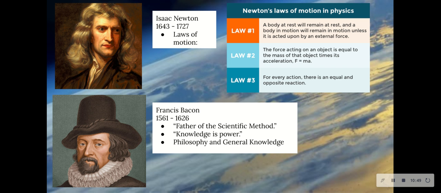Isaac Newton is from 1643 to 1727, and he developed 3 laws of motion in physics. Law 1: a body at rest, or an object at rest, will remain at rest, and a body in motion will remain in motion unless it's acted upon by an external force.